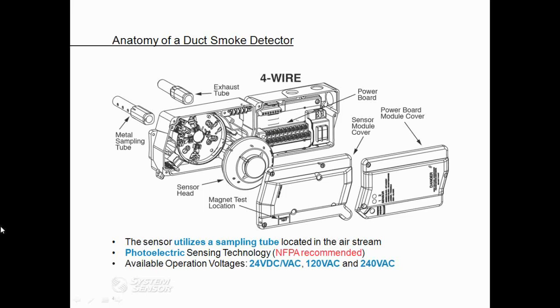Most duct smoke detectors utilize photoelectric technology, which is the type of technology that is recommended by NFPA. There are still ionization duct smoke detectors available on the market, but typically they're just not really used in duct applications anymore. Duct smoke detectors also have the ability to be powered from a variety of different voltages that are listed there on the screen.